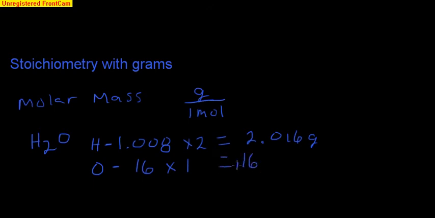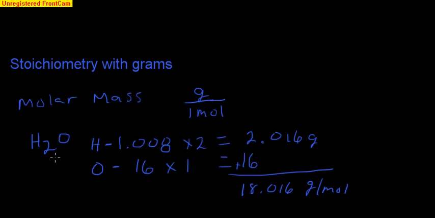Then if I add these two numbers up, 2.016 plus 16, I end up with 18.016, and the units are grams per mole. So this 18.016 is the molar mass for water.